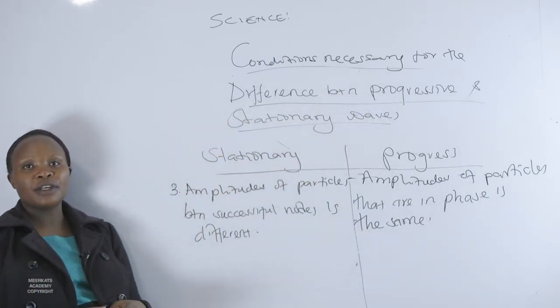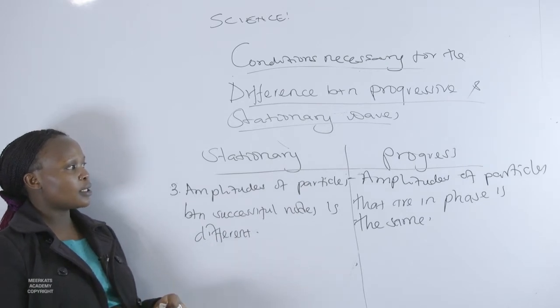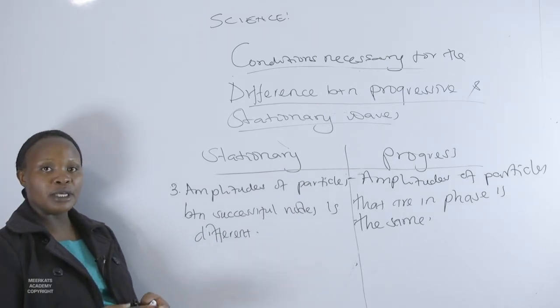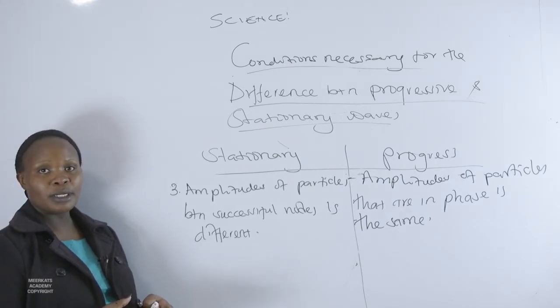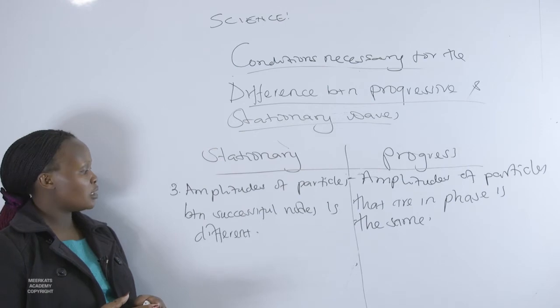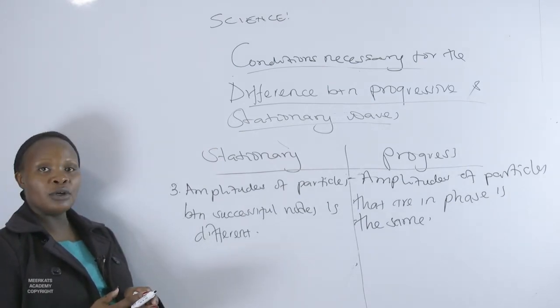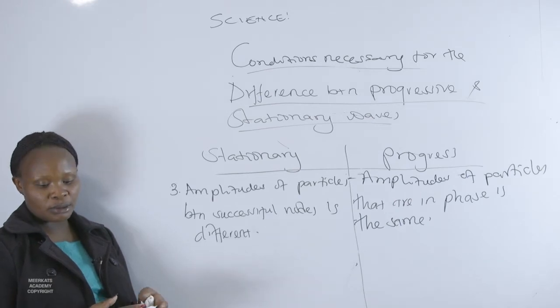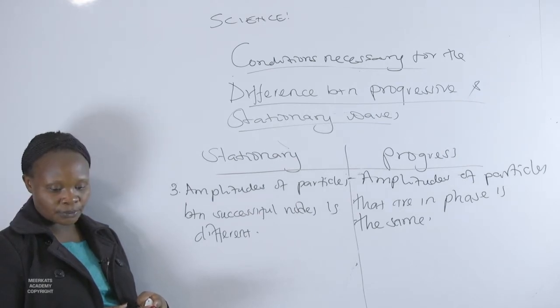For progressive waves, so long as particles are in phase, you expect their amplitudes to be equal, but that is not the case with amplitudes of particles at successive nodes. On a stationary wave, we expect them to have different amplitudes.